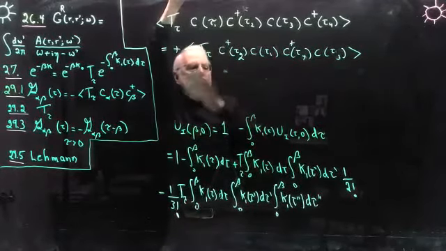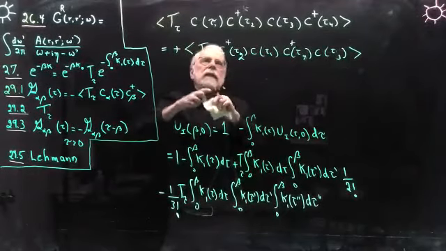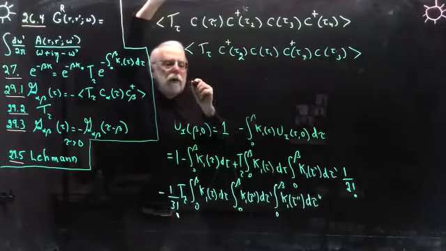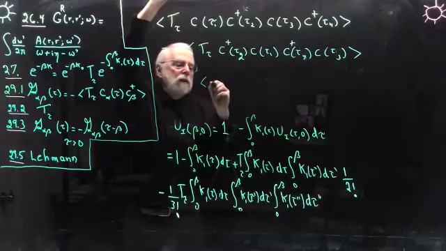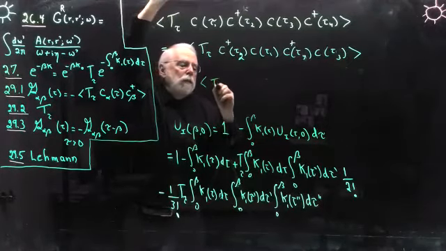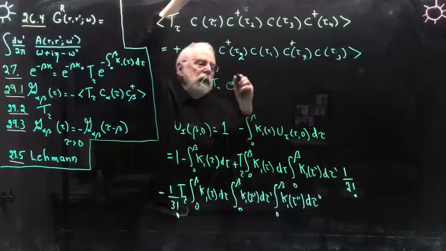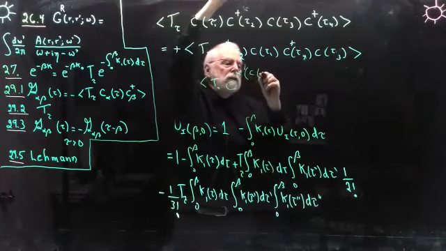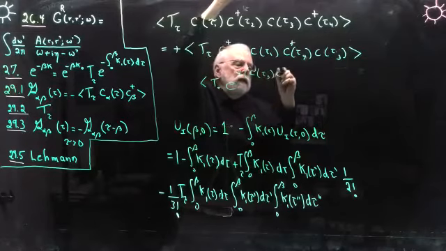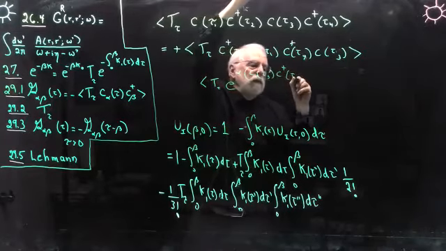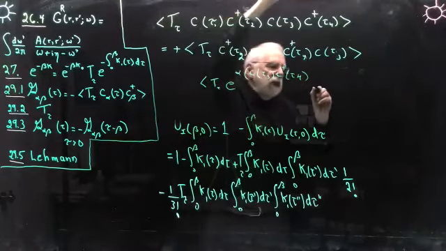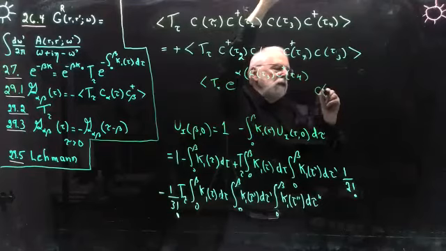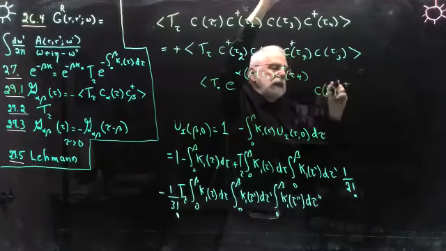Another useful property of the time ordering operator is this. So suppose that I have a time ordering operator, T tau of e to the alpha c of tau 3, c dagger of tau 2, tau 4, and then I have c of tau 1, c dagger of tau 2.